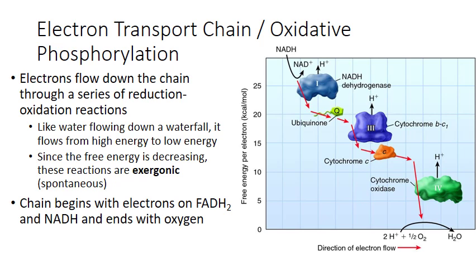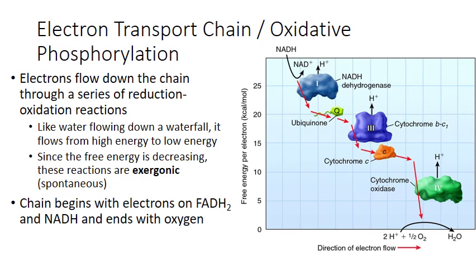FADH2 has a really similar process, but we don't have a chart for that. What's important to realize is that this electron, as it goes down the electron transport chain, is going to be releasing energy, which is exergonic. So now we can pair it with an endergonic reaction. We know the final endergonic reaction that we want is to make ATP, but unfortunately it's not that straightforward.